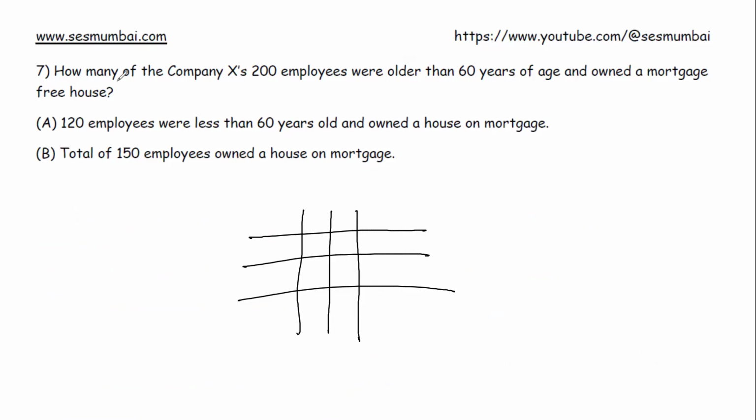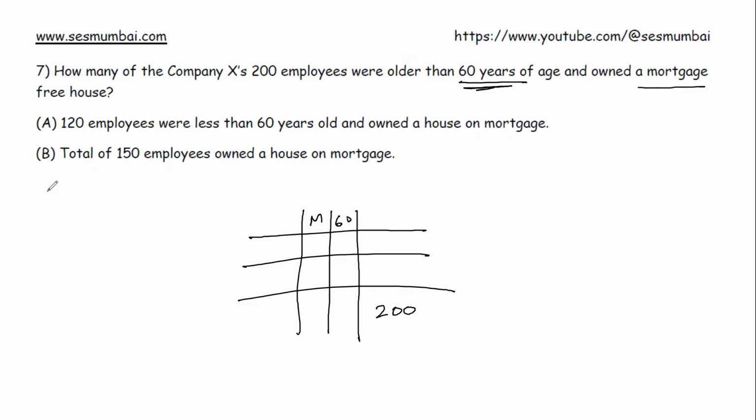When you read the question, how many of the company X's 200 employees were older than 60 years of age and owned a mortgage-free house, we know that 200 is the total. The two categories are 60 years and mortgage. Do not simply take mortgage and 60 here, that would be incorrect.